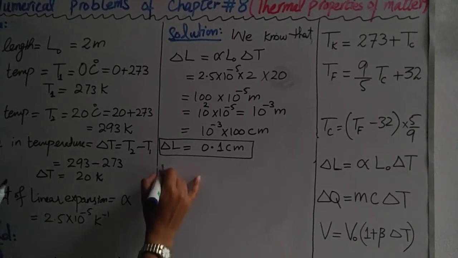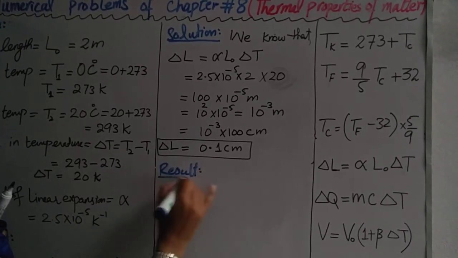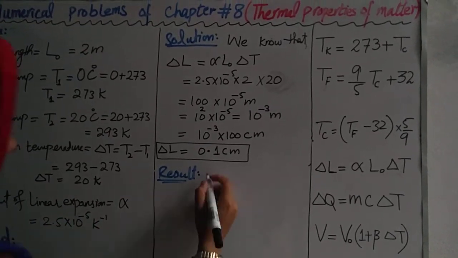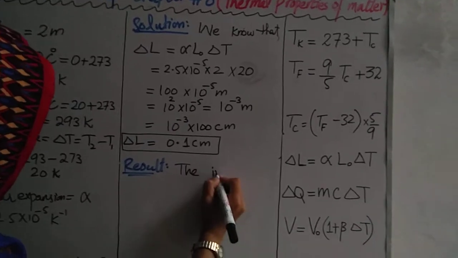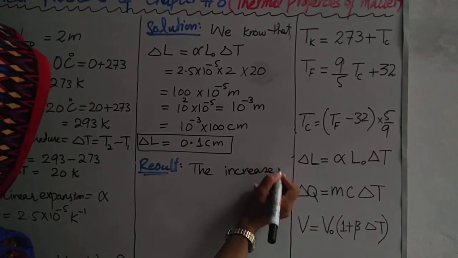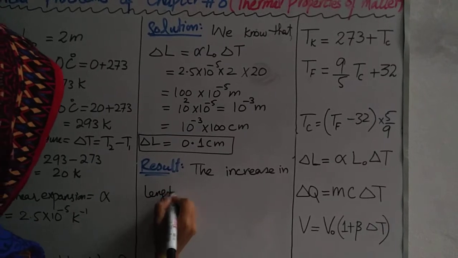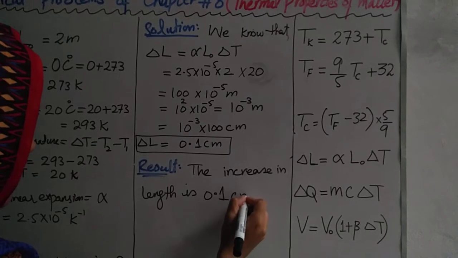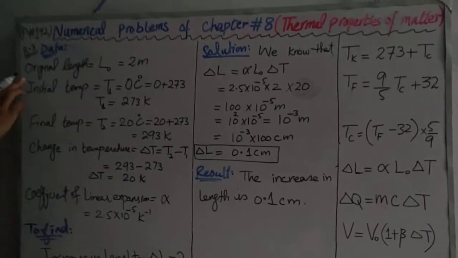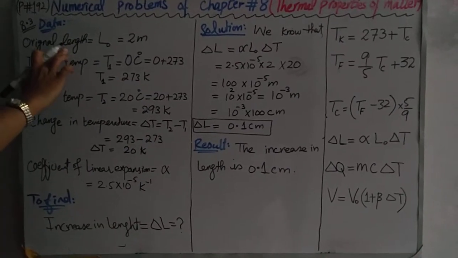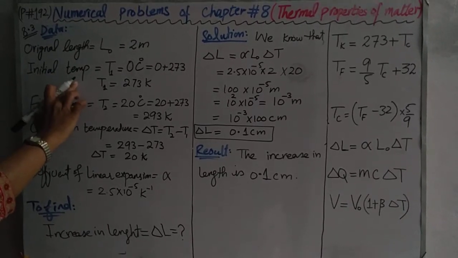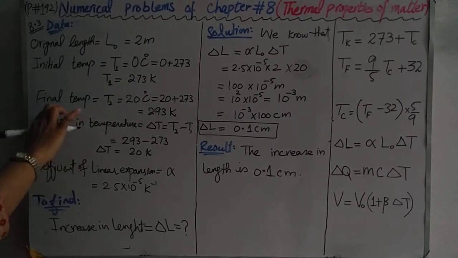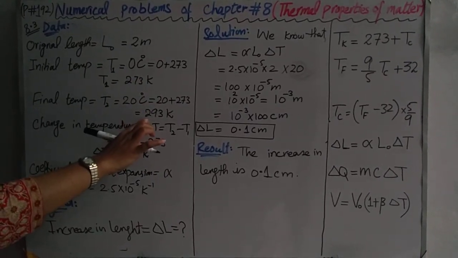Now result: the increase in length is 0.1 centimeter. What we have done in this numerical problem, we have original length, initial temperature T1. First of all, we convert into the Kelvin scale. Final temperature, we convert into the Kelvin scale.